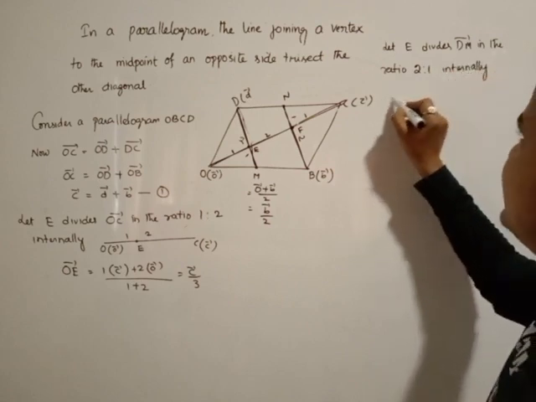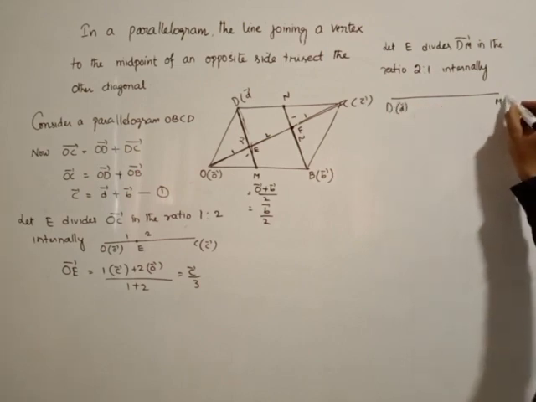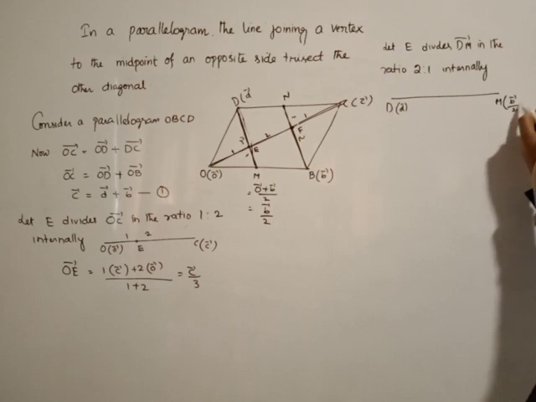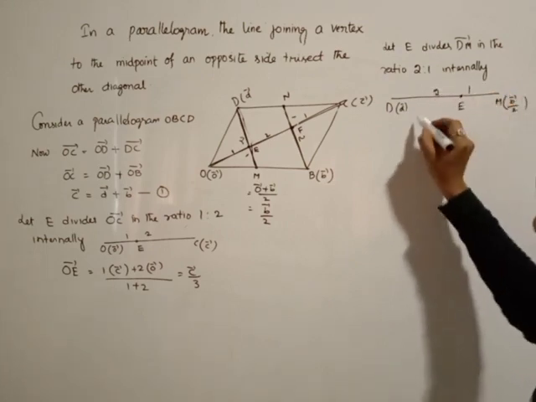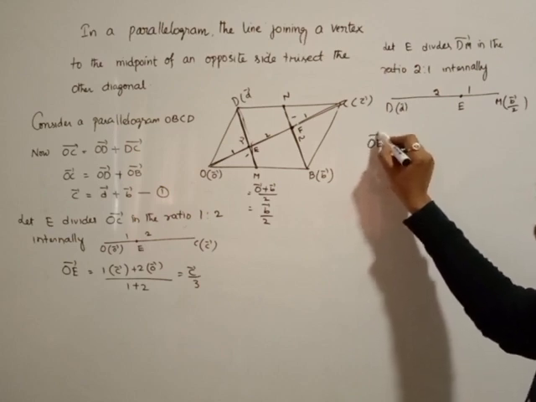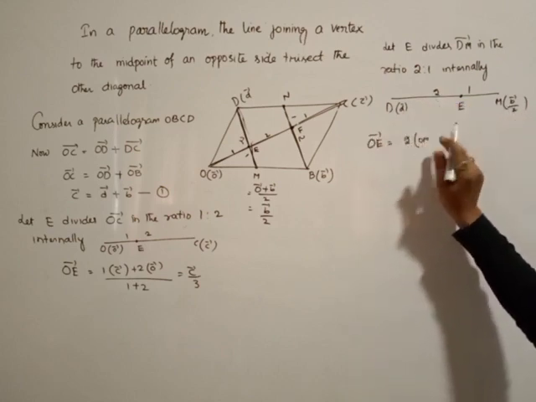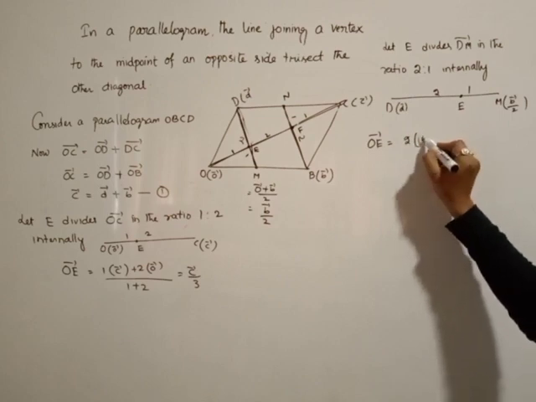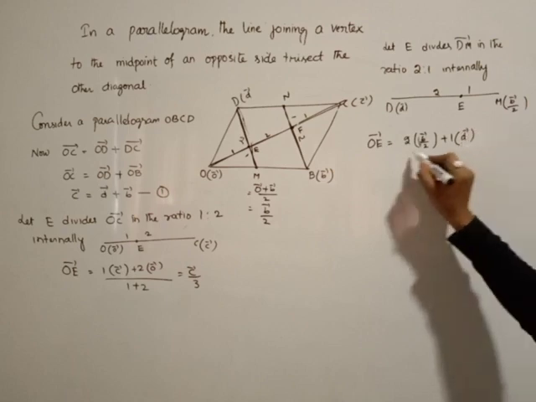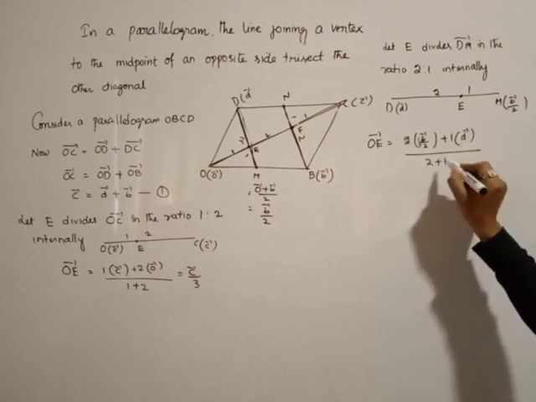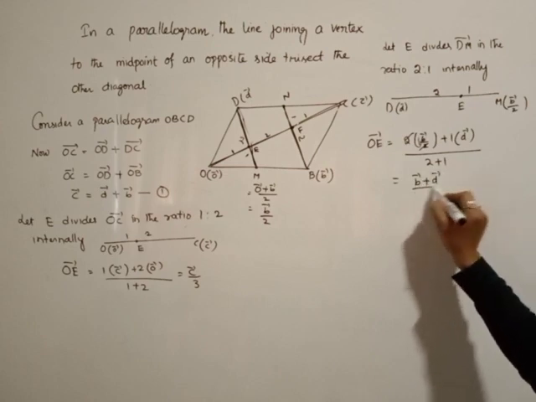D is the point D bar, M is the point B bar by 2, and E divides in the ratio 2:1. So OE bar is equal to 2 into OM bar, that is B bar by 2, plus 1 into D bar, by 2 plus 1. The 2 cancels, giving B bar plus D bar by 3.